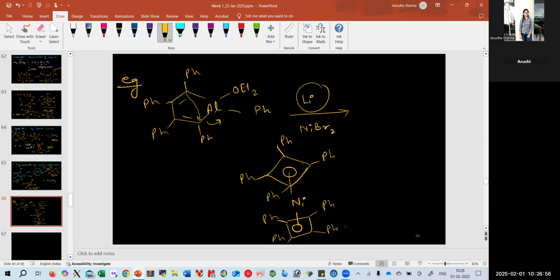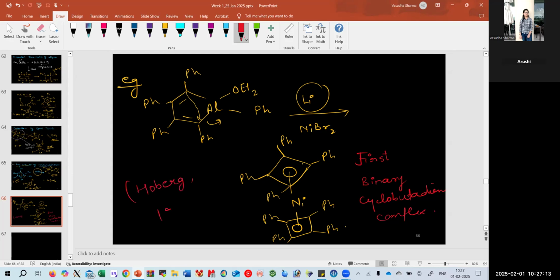Right? So this is the first binary cyclobutadiene complex, given by Hoberg in 1978.